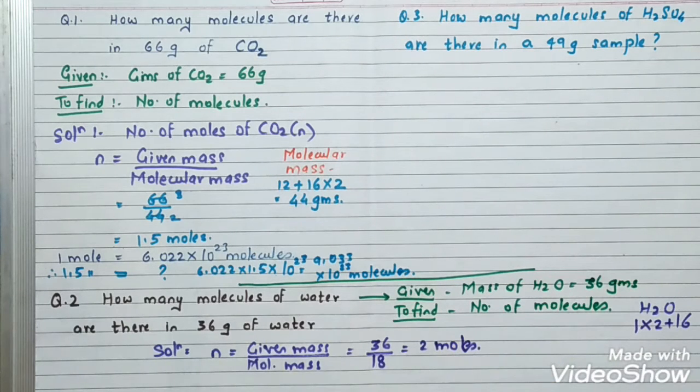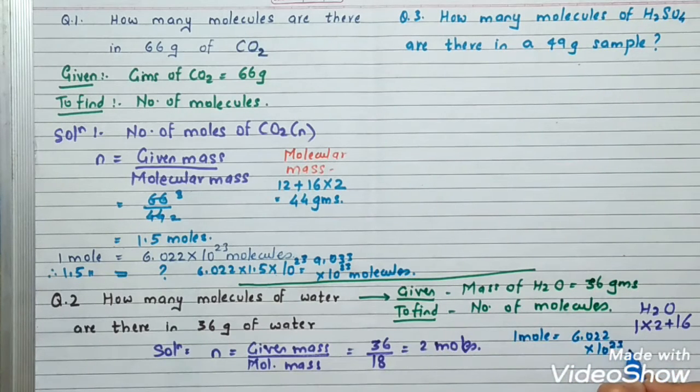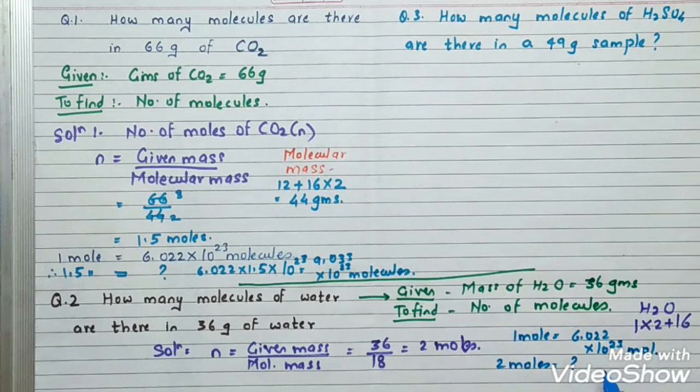Now simple. You have got the moles. What next will you do? 1 mole contains 6.022 into 10 raised to 23 molecules. So 2 moles will contain how much?